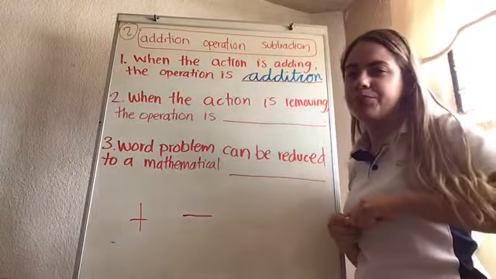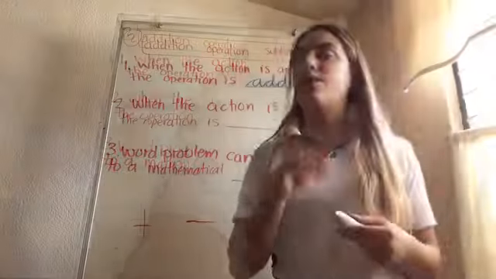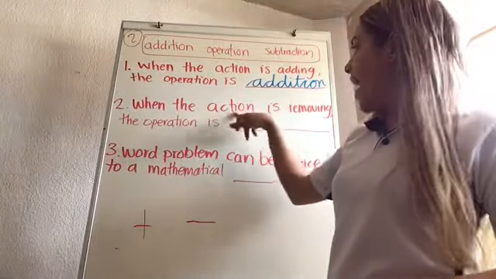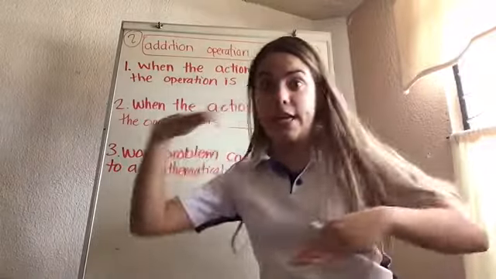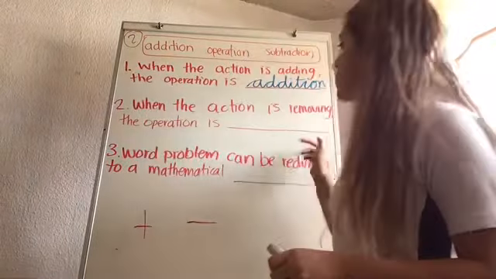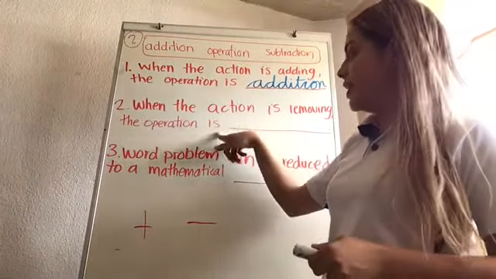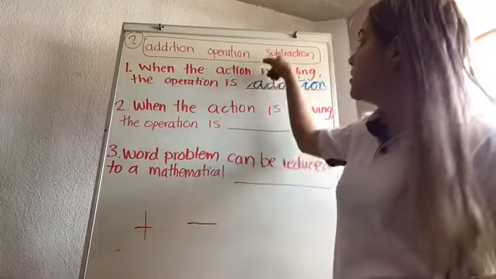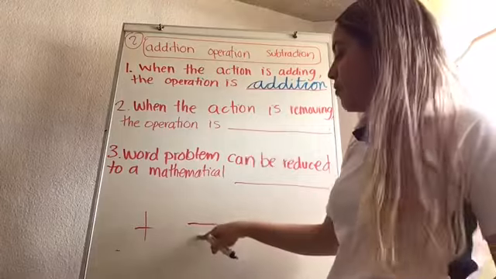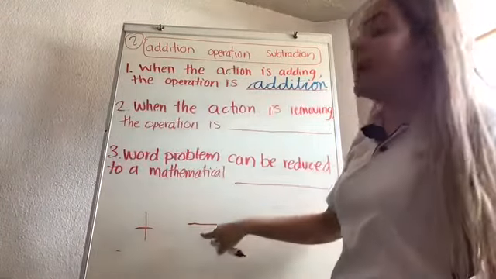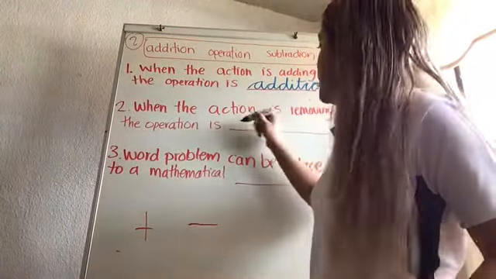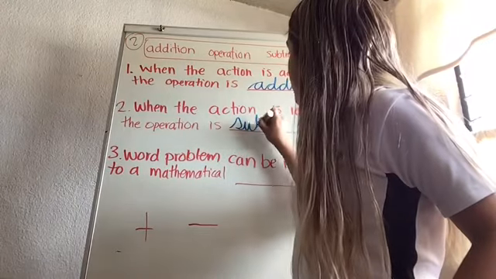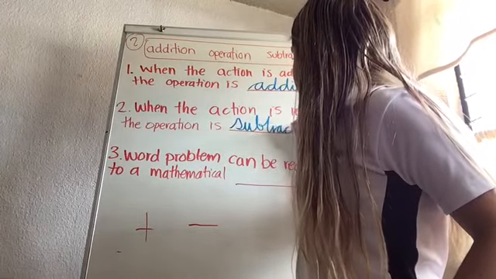Okay. Number 2. When the action is removing, taking away, minus, remember? The operation is plus or minus? Subtraction. Very good. Remember, subtraction and minus is the same. So let's write it down. Subtraction.